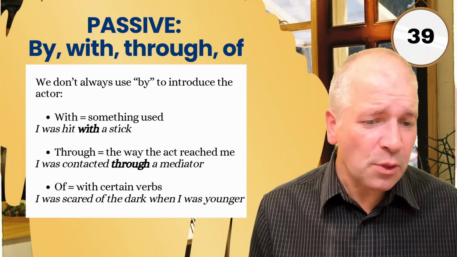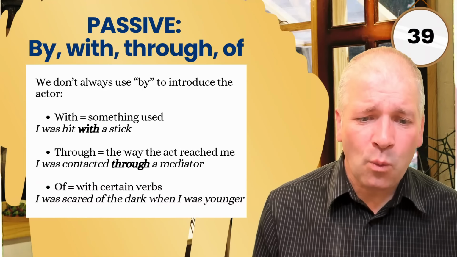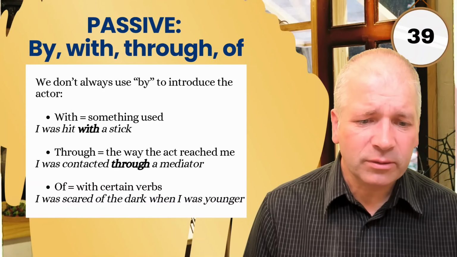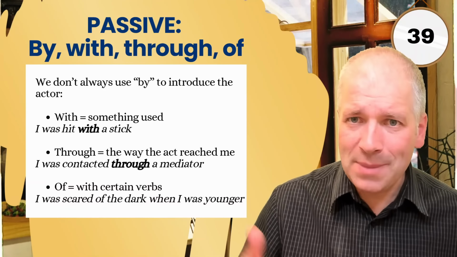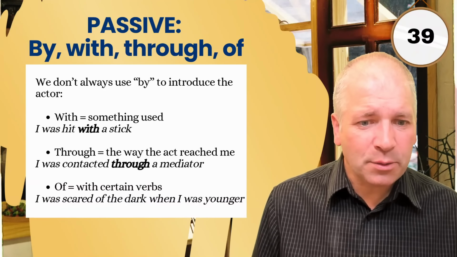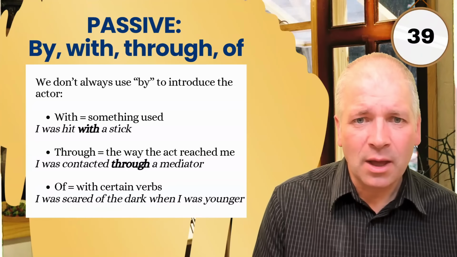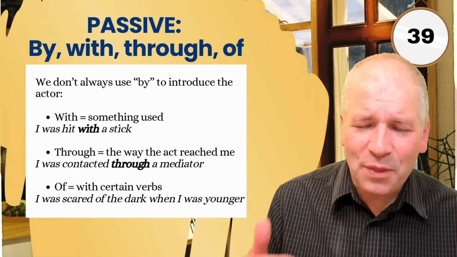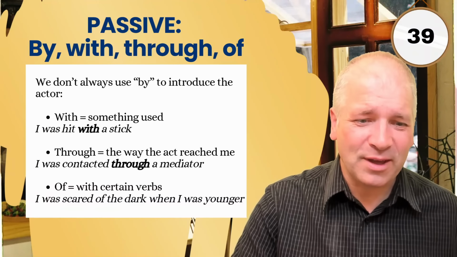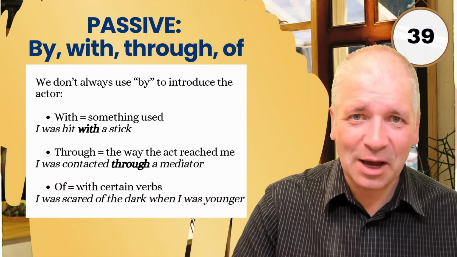We could also use through, and that means the way the act reached me. I was contacted, how? Through a mediator. All of the act happened because a mediator contacted me. A mediator was the way that it reached me. Or with certain verbs we use of, such as I was scared of the dark when I was younger.